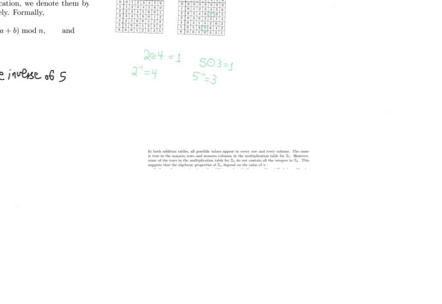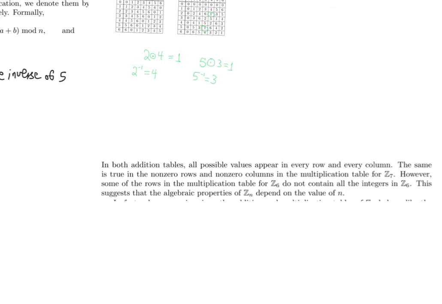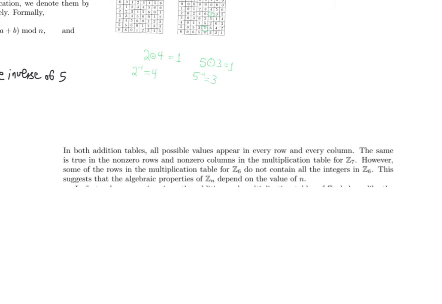So just to reiterate, there were some key differences between the multiplication tables for Z mod 7 and Z mod 6.